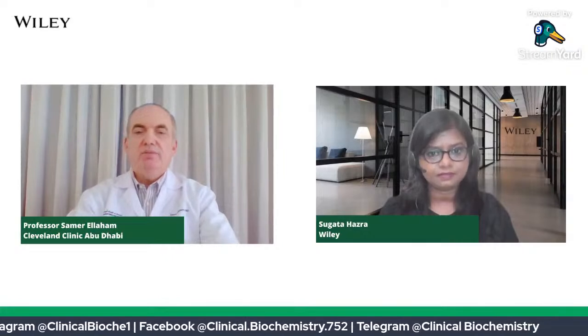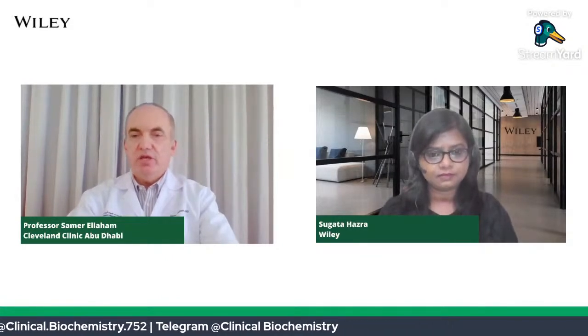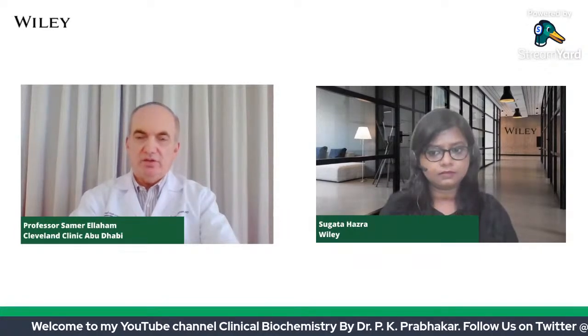Message number one. Message number two, when someone has an acute myocardial infarction, as I said, or an acute illness, this number can go up more than what it usually is. So we recommend to wait 48 hours, or if someone has a major inflammation or infection, then they have to take it later on.